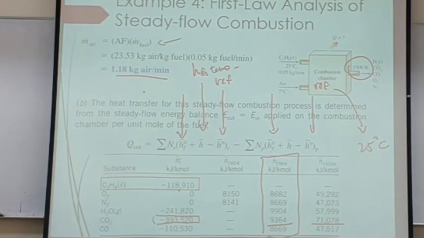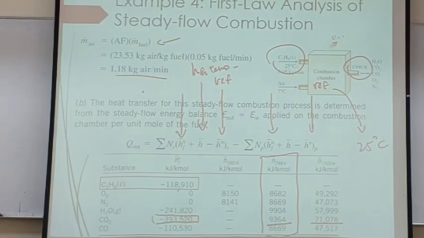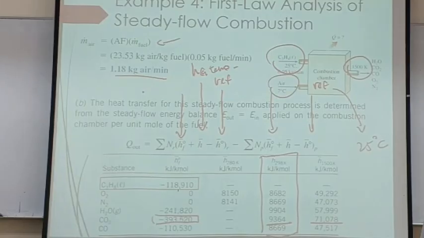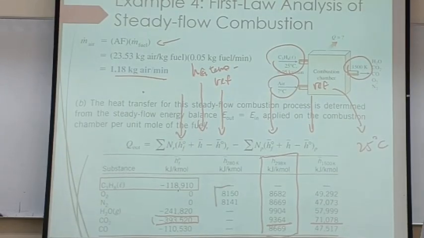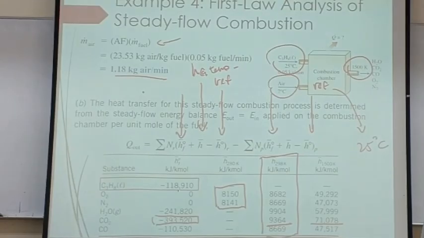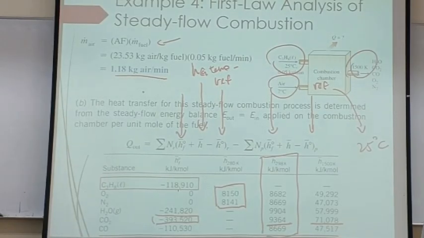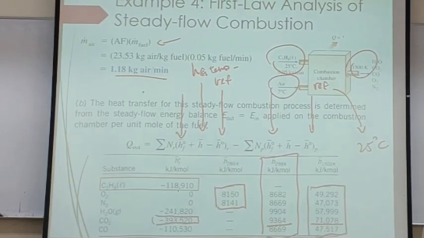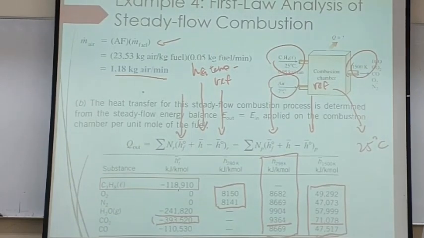So for C3H8 it is 25, so we don't need to do anything because it's 25 minus 25. For the air, it is 7 degrees Celsius. So you take this value. Product is at 1500 Kelvin. So for the product, you take these values. So that's all.